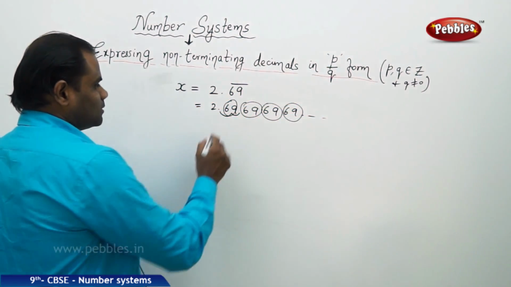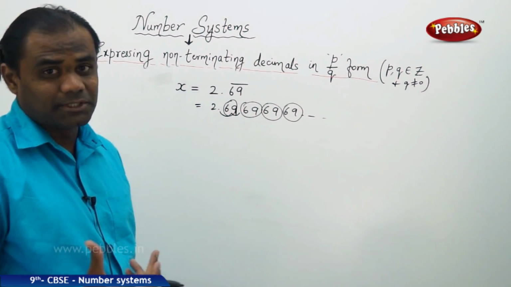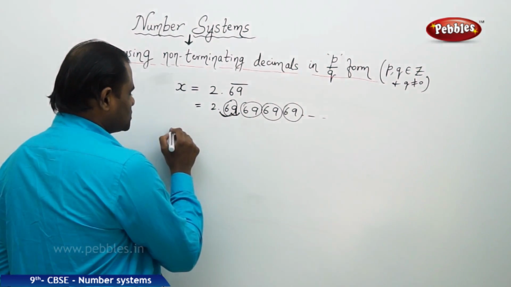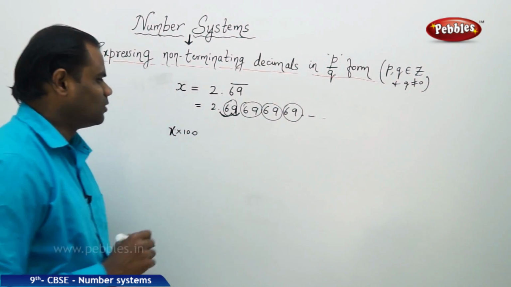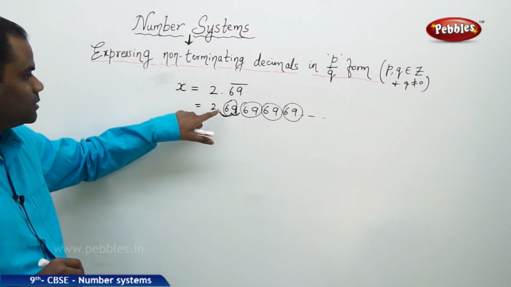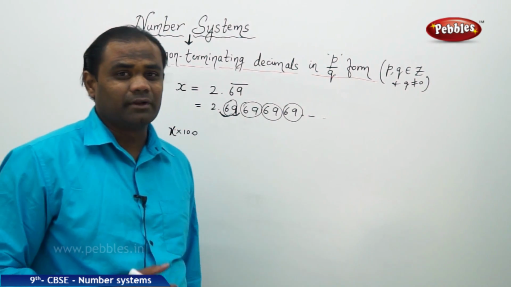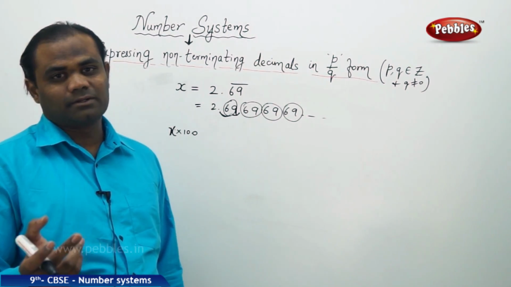The number repeats after every 2 digits, therefore the decimal has to shift twice to the right, which is possible by multiplying by 100 on both sides, because if I multiply by 10, the decimal moves only 1 unit to the right, but if I multiply by 100, the 2 zeros make the decimal shift 2 units to the right.